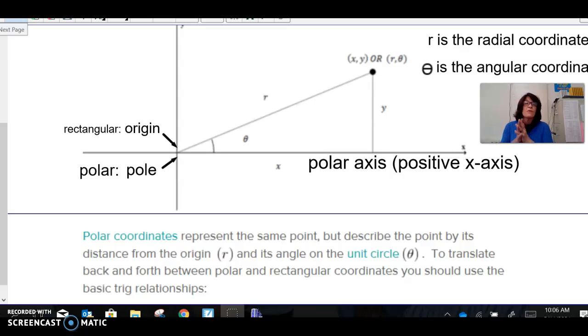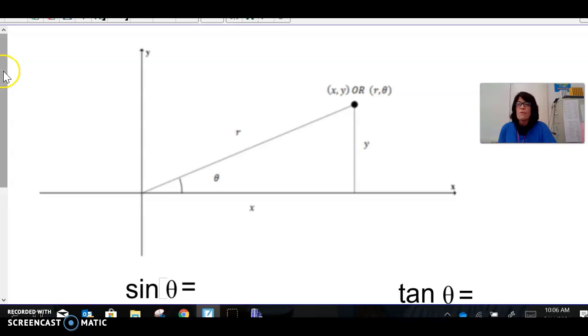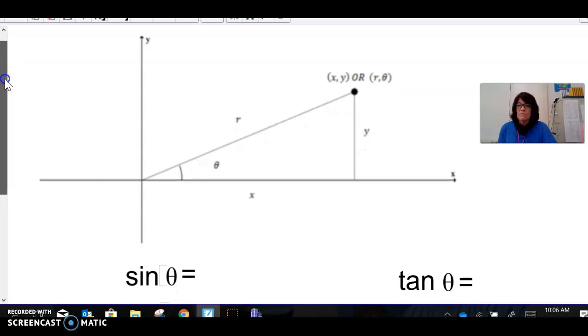I'm actually using notes that I used when I taught AP Calculus BC. We do polar coordinates then as well. So just for you to know. To go back and forth, we're not learning anything new here, gang.